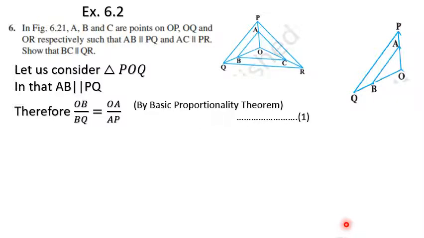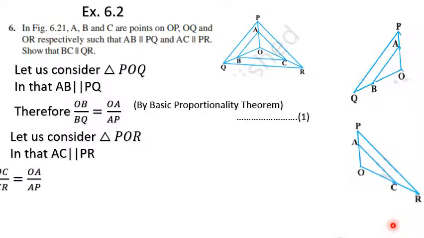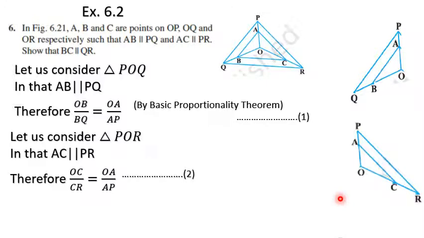Now let us consider the triangle POR. In this, AC parallel PR. So from that, we can say OC by CR is equal to OA by AP. Equation 2. Now let us equate equation 1 and 2. The RHS is same.